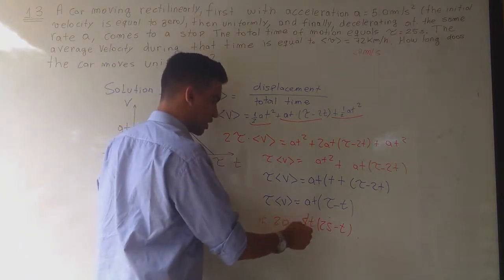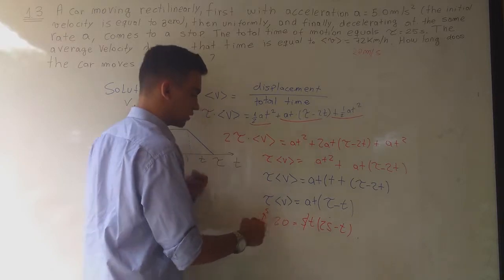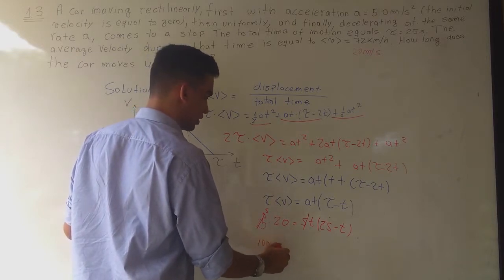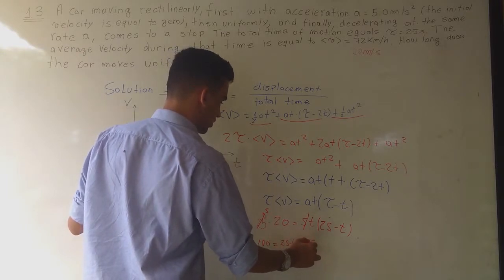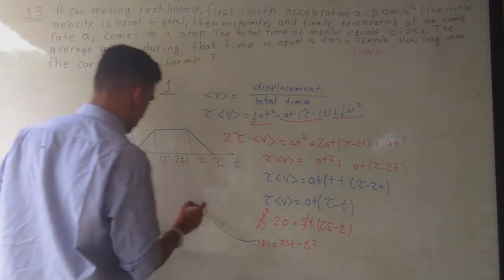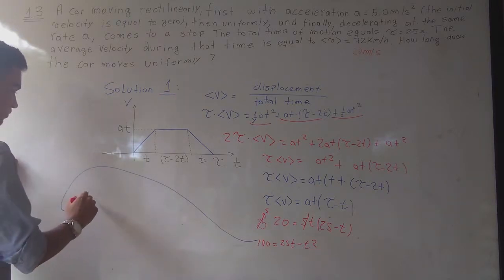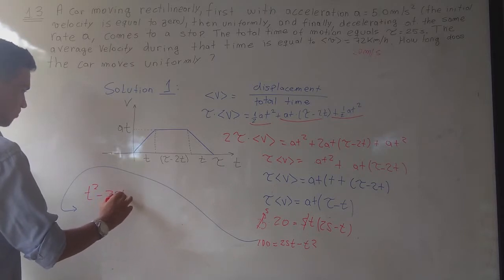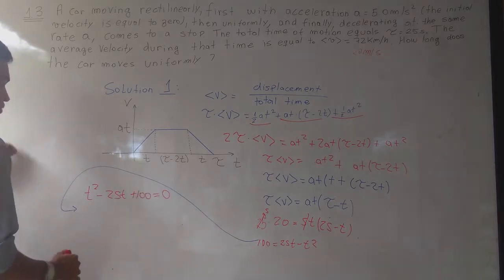We can cancel 5 with 25 and this becomes a 5. 5 times 20 is equal to 100. So 100 is equal to 25t minus t squared. So with this equation, we have t squared minus 25t plus 100 equal to 0.